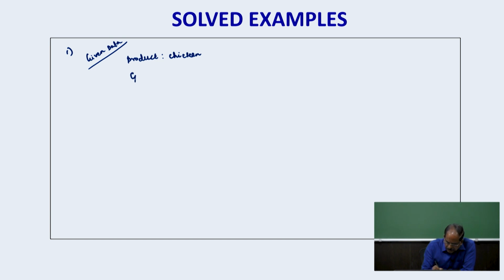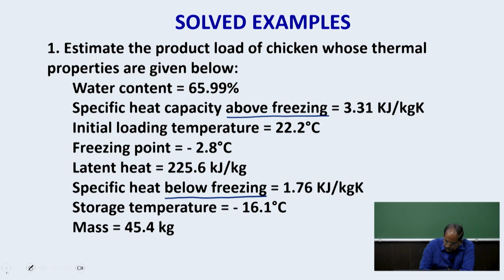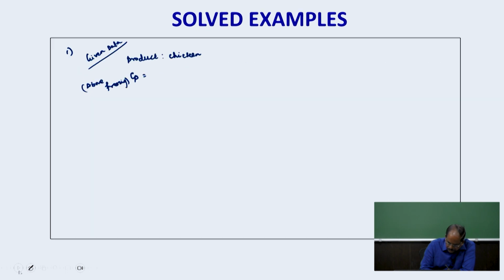Specific heat capacity above freezing, the Cp value above freezing, is equal to 3.31 kilojoule per kg Kelvin.